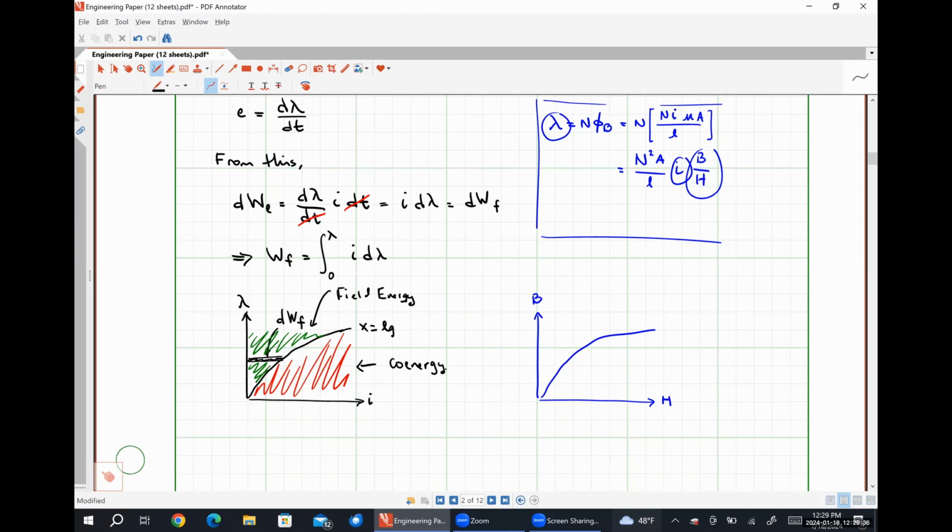So our co-energy has the symbol WF prime. So it's almost the exact same, but with respect to current.